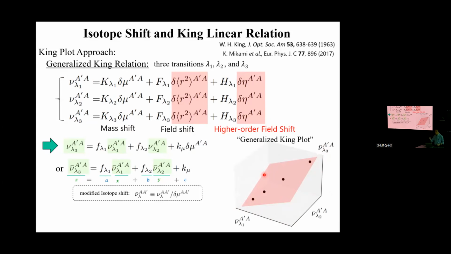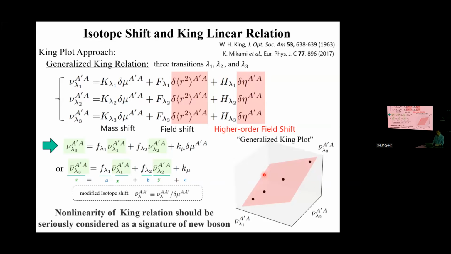So a possible deviation of the isotope shift from this plane, or nonlinearity of the King linear relation, can be considered as a signature of a new boson. This does not require precise knowledge about the nuclear factors. But still, we can say something about possible new physics from this isotope shift measurement.